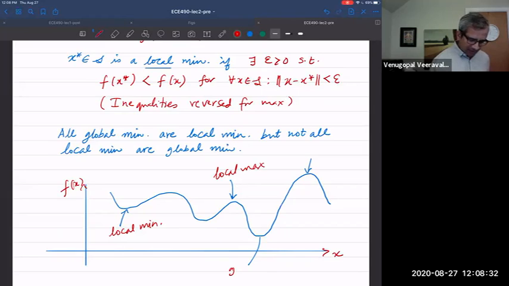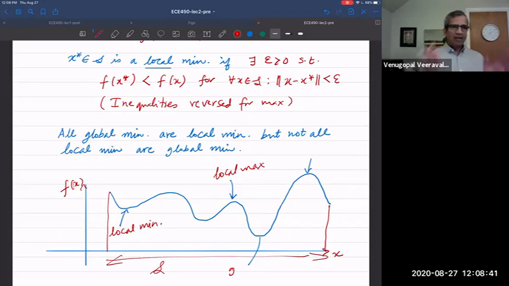Basically, my set S could be this set here. Okay, I'm just looking at that window of my x-axis, and that's my set S. Over that set S, I have a local minimum here, the local maximum we just pointed out, and then this guy will be the global max, and this is the global min.